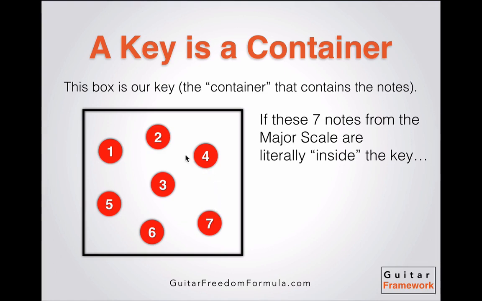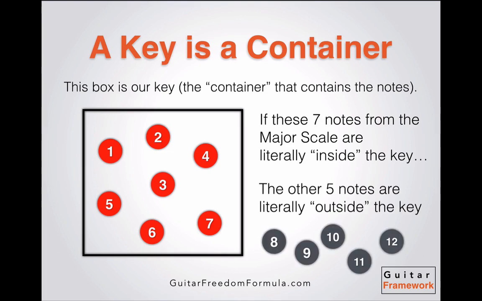If these 7 notes are inside the key, and we actually have 12 possible notes, well, that means that the other 5 notes are literally outside of the key. They're literally not in the box. Okay, it's easier to visually see the notes inside the key and the notes outside of the key.